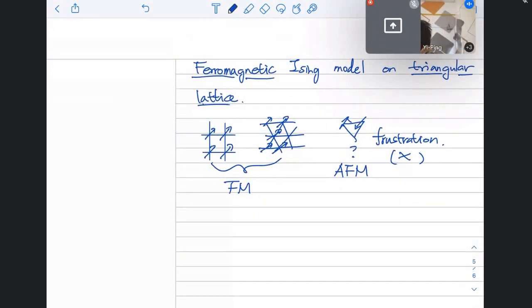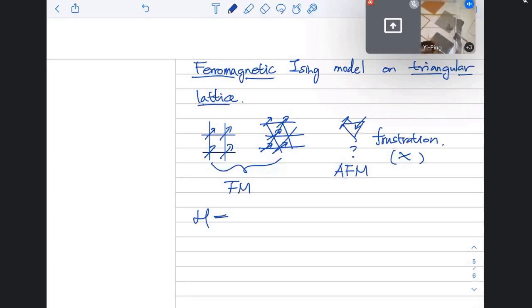Let's try to write down the Hamiltonian. Here, for our purpose of analyzing, we already include 1 over k_B T into our definition of the Hamiltonian, so that we don't need to worry about the dimensionality of our coupling. Focus on the coupling, which is dimensionless.